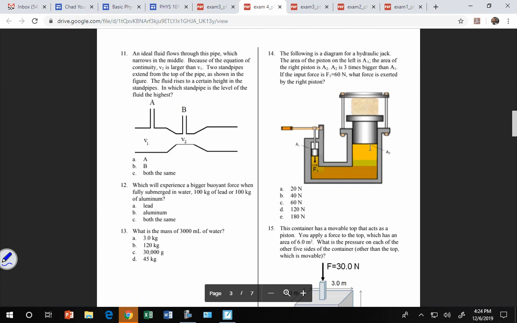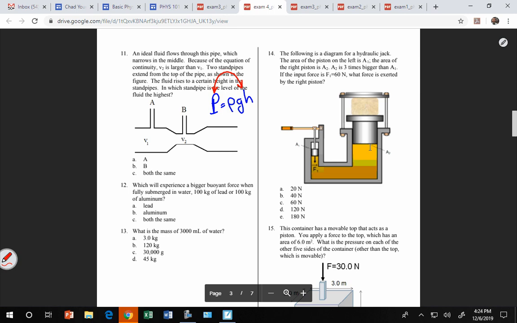Number 11. Okay, so this had to do with both our pressure measurements. Remember, our pressure measurements, P is equal to rho g h. So the point is that P and h are related. The bigger h is, the bigger P is. Also notice here that P is not dependent upon the diameter of the tube.